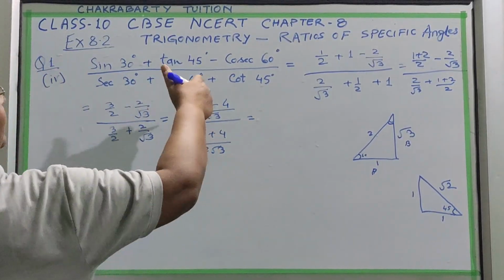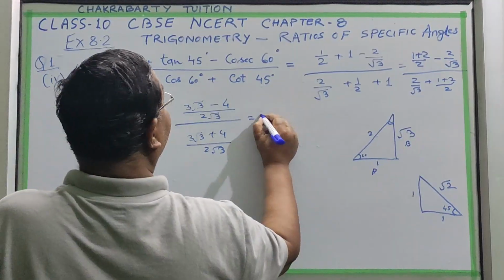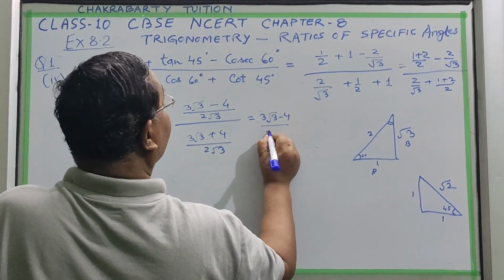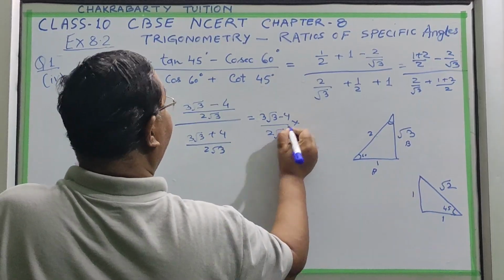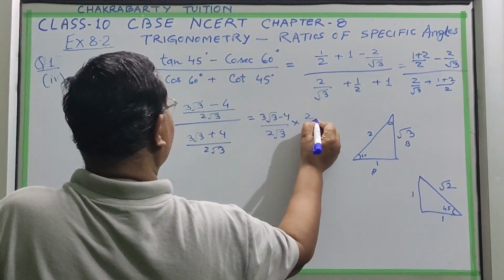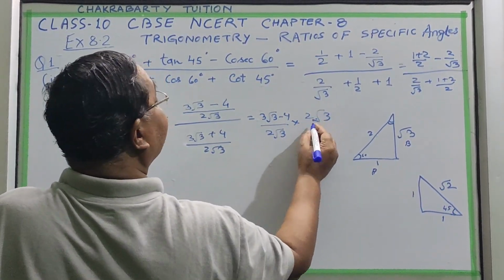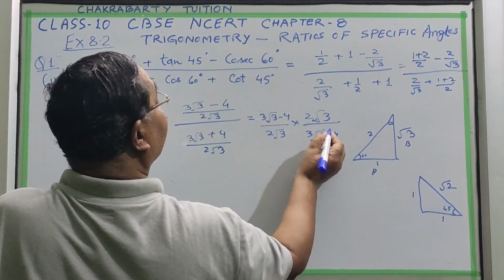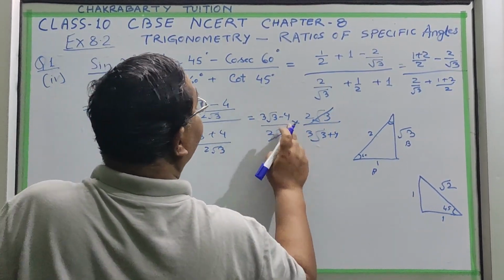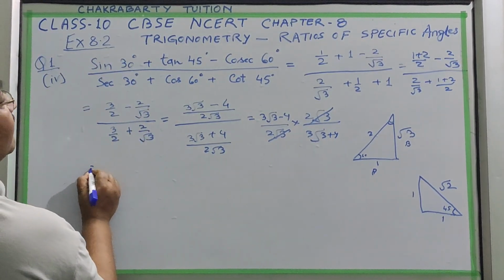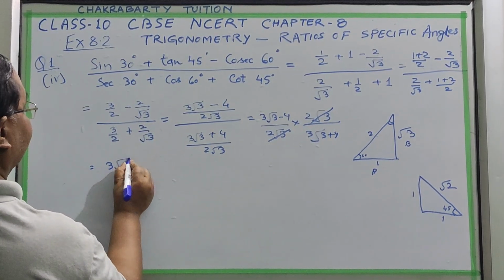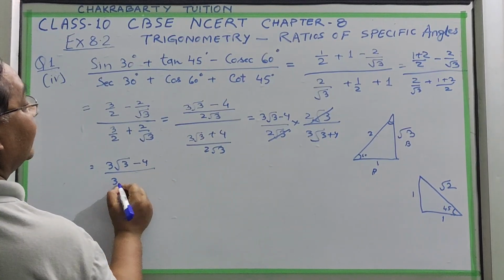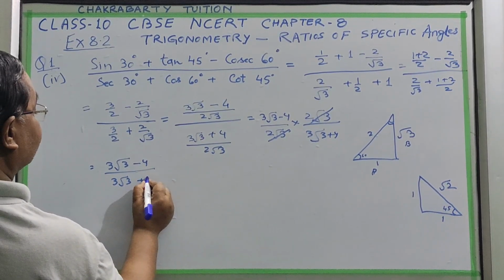Now we will reverse it. The upper side will remain like this: 3 under root 3 minus 4 upon 2 under root 3. And this will go upper side: 2 under root 3 upon 3 under root 3 plus 4. This you can cut. So what will remain with you? 3 under root 3 minus 4, and here 3 under root 3 plus 4.